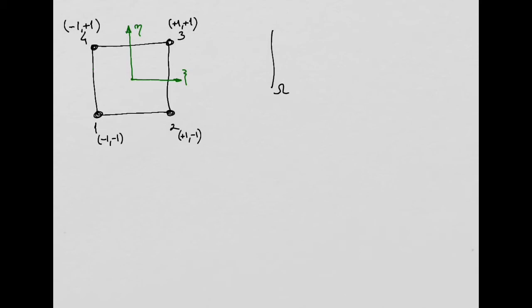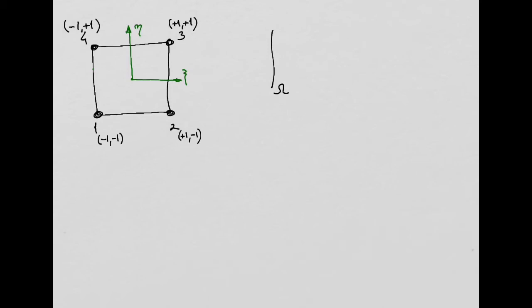We need to do an integral in our domain. So when we are working with one finite element, our domain is going to be the area of this element, right? If you are doing plane stress and want to consider the volume of this element, you just multiply the area by the thickness.